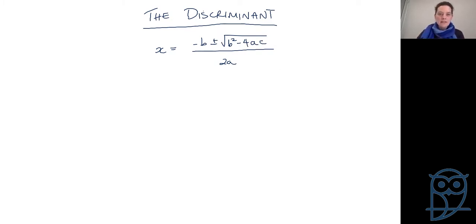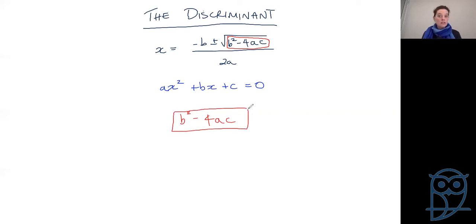And what sits in here then is a little piece. We're taking the square root of b squared minus 4ac every time we do this. Now remember also that we're talking here about ax squared plus bx plus c equals 0. So we're working with our traditional coefficients for our quadratic equation. Now, when we take the square root of b squared minus 4ac, there are 3 different options for what our answer could be.